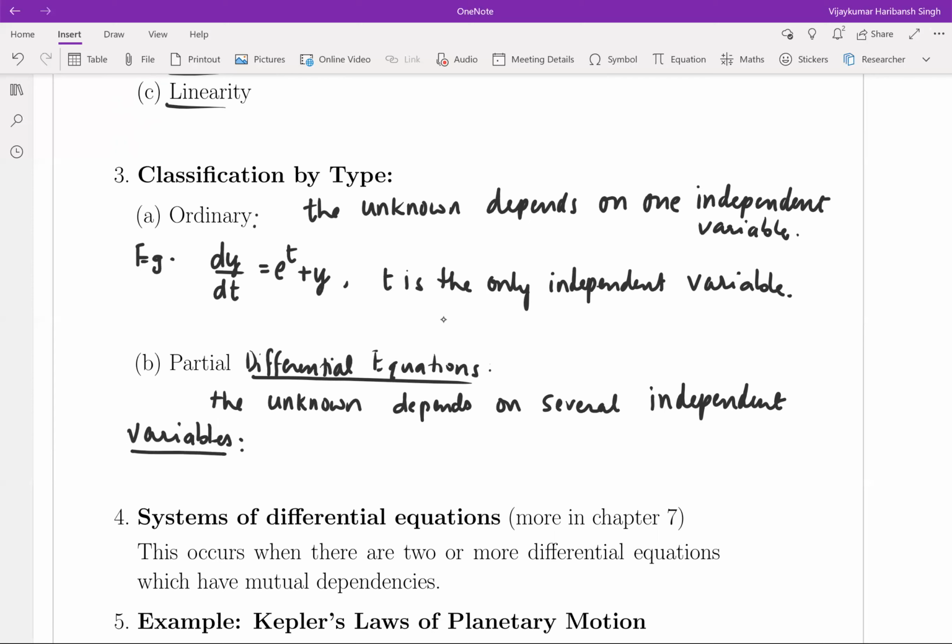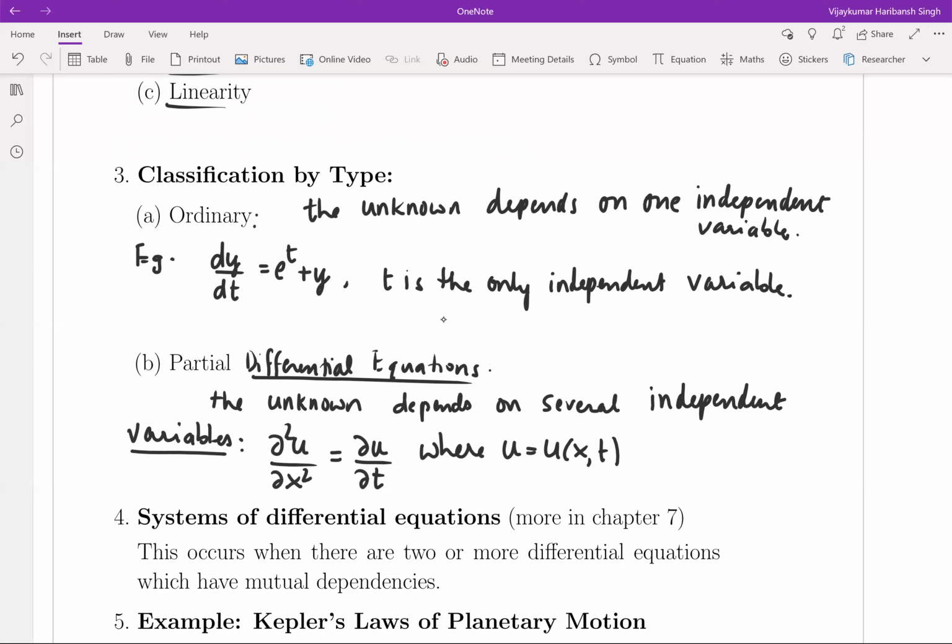For example, dou square u by dou x squared, the second order partial derivative of u with respect to x, equals the partial derivative of u with respect to t, where u is a function of both x and t.